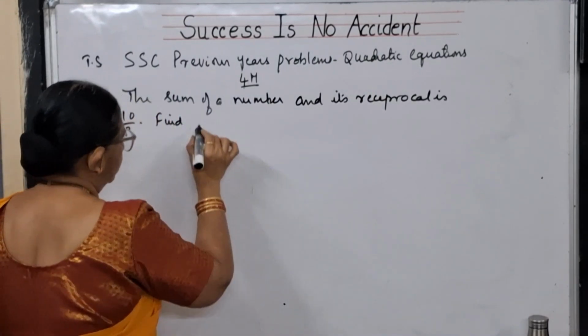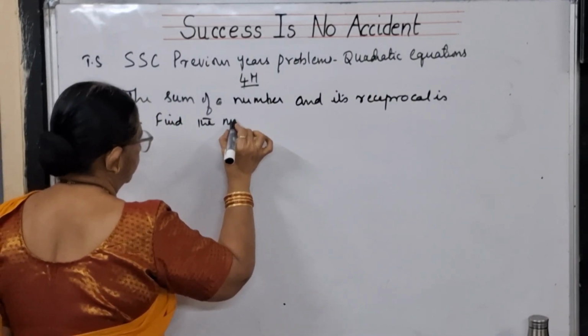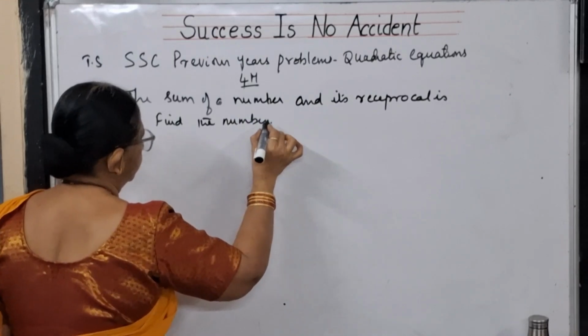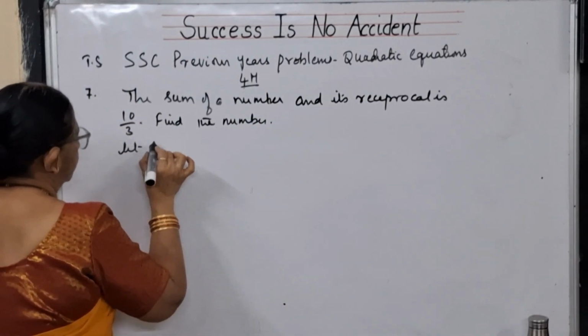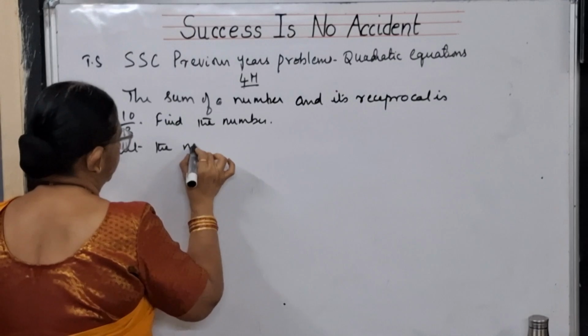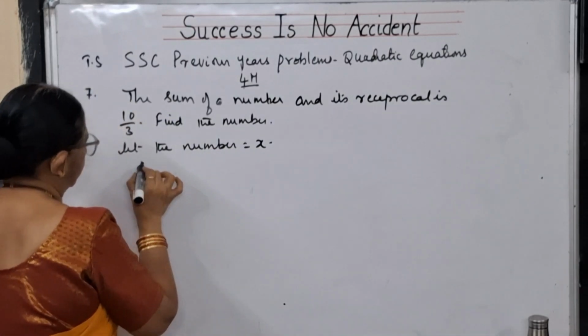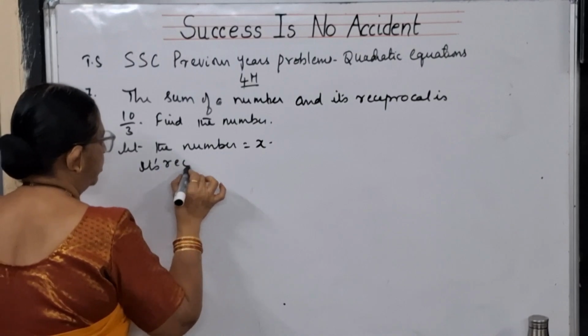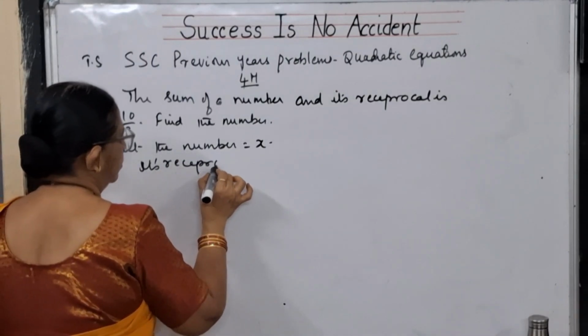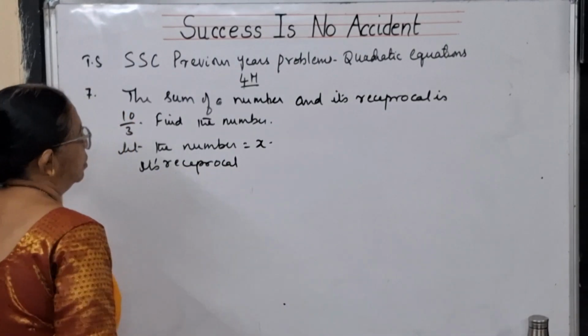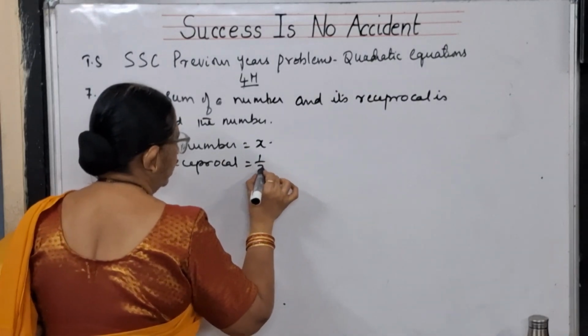Find the number. Let the number be x. So what is its reciprocal? Reciprocal is 1 by x.